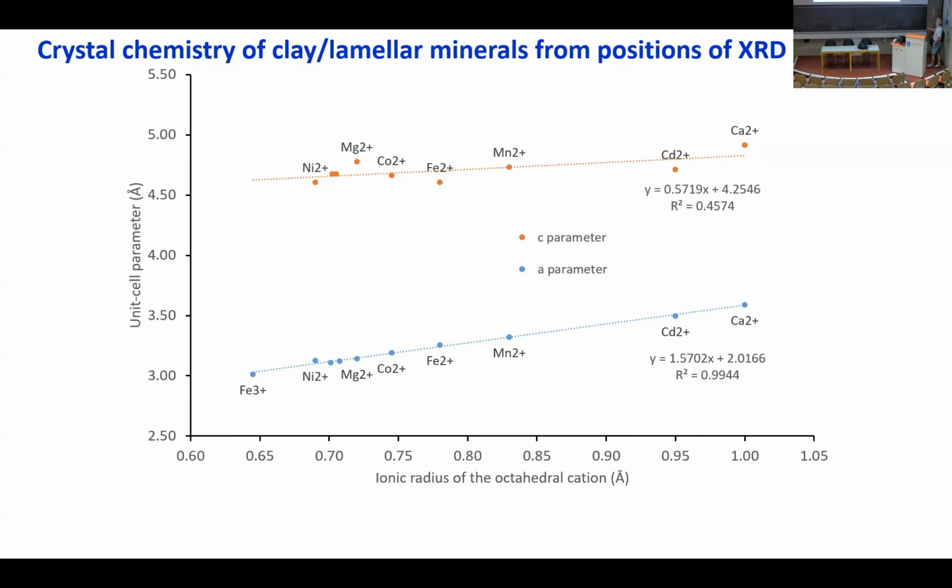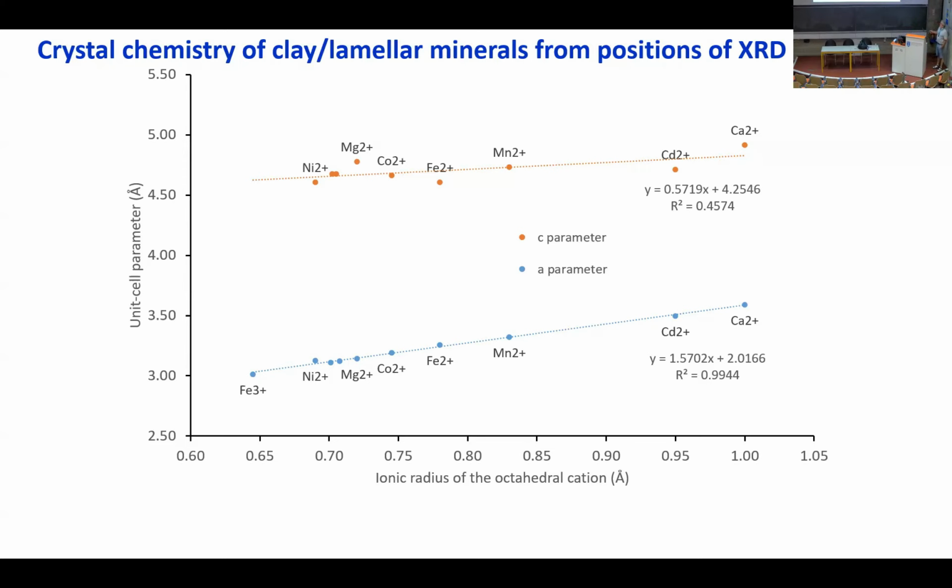And you can see that depending on the ionic radius of the octahedral cation here, you have an almost straight line. The regression coefficient is quite good as a function of ionic radius, which means that you're not only able to determine the unit cell parameter, but if you are somewhere in between here and you know that you have manganese 2 and cadmium 2 plus, you may be able to roughly estimate the relative proportion of one or the other.